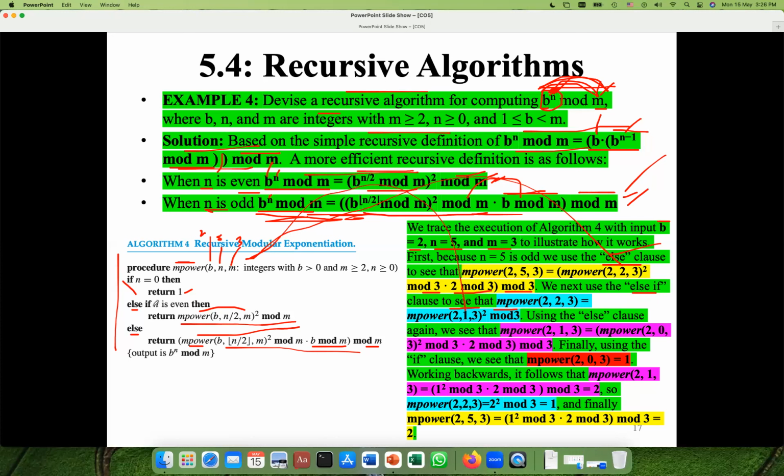No, this condition is false. Is N even? No, so I will come to this else portion. And M power 2, 1 divided by 2. 1 divided by 2, what is the remainder? It would be 0.